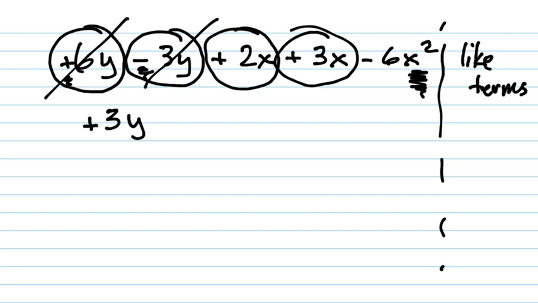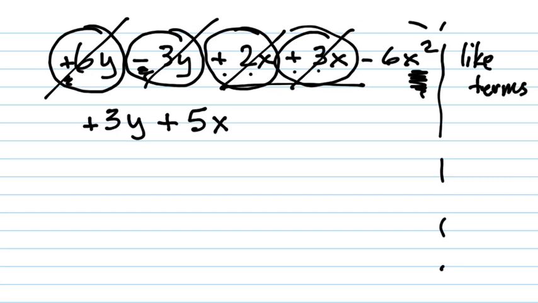But an x to the second is a new kind of term. So these can be combined. A positive and a positive are going to stay what? And 2 plus 3, their signs are the same, so I'm going to add them this time. 2 plus 3 is 5 what? X's. Those are done.